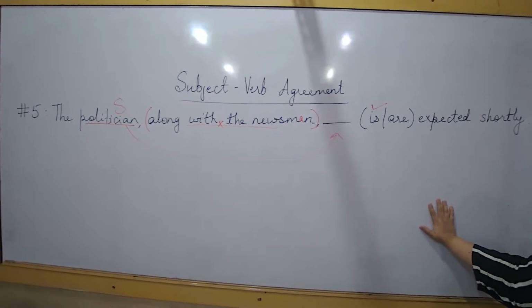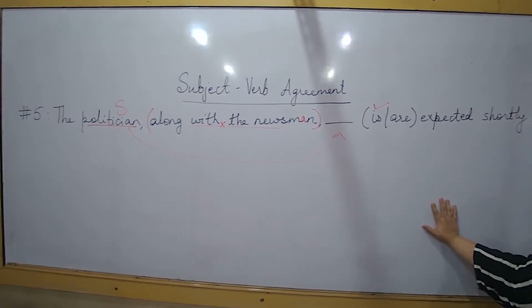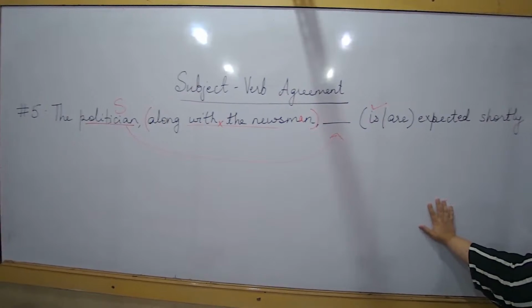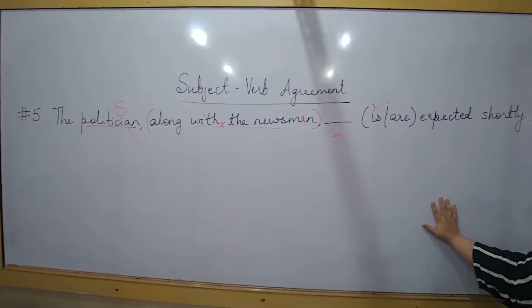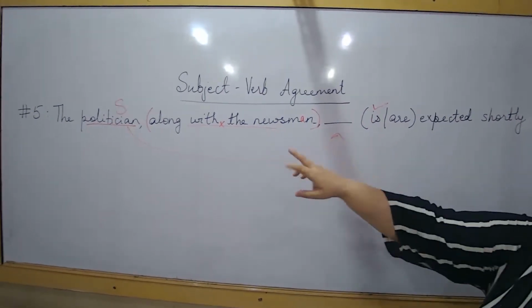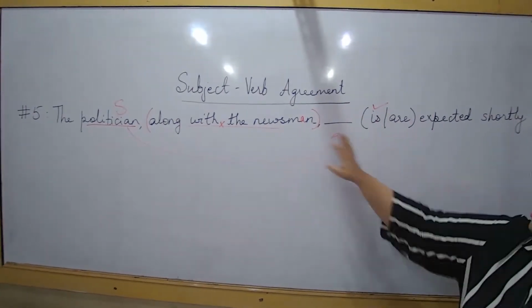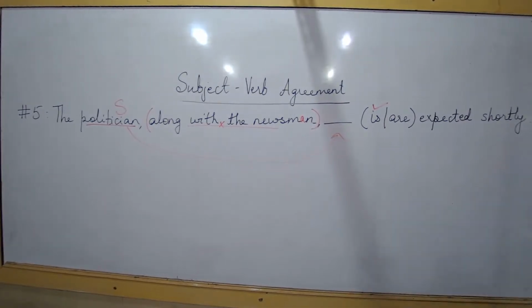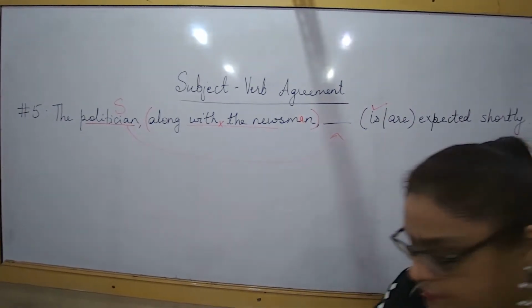Then also your answer would not be affected. You have to ignore that. So if it was the politician, it will be is. If it was the politicians, this will be are, irrespective of what is there over here. That's rule number 5.